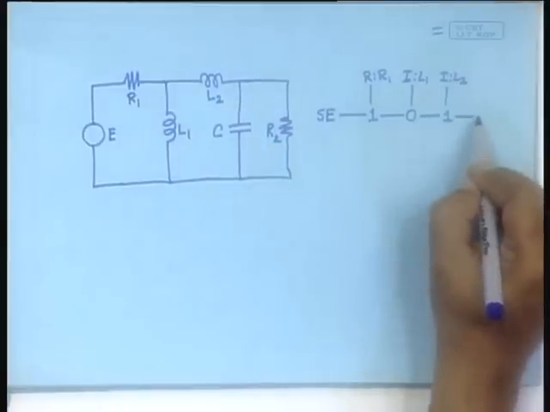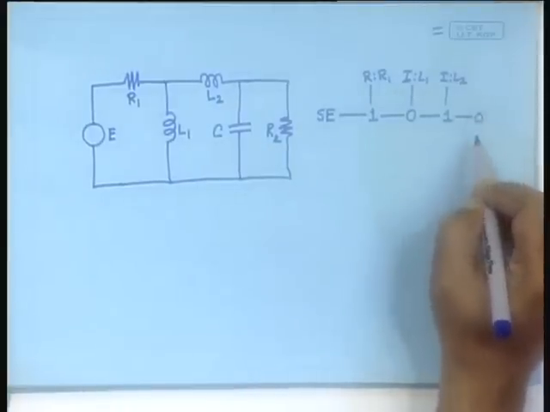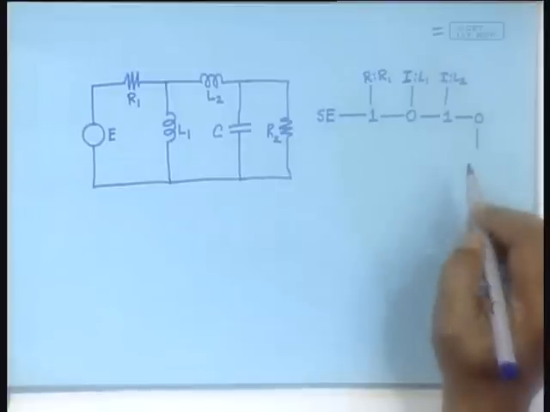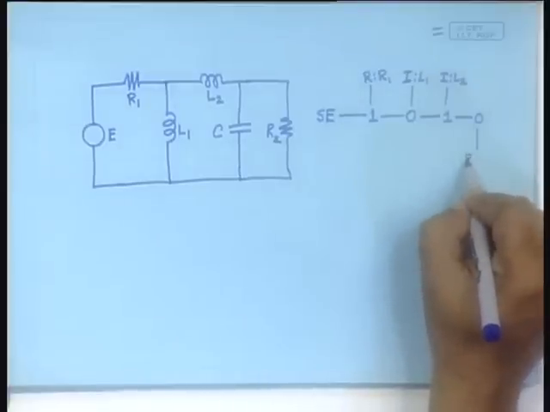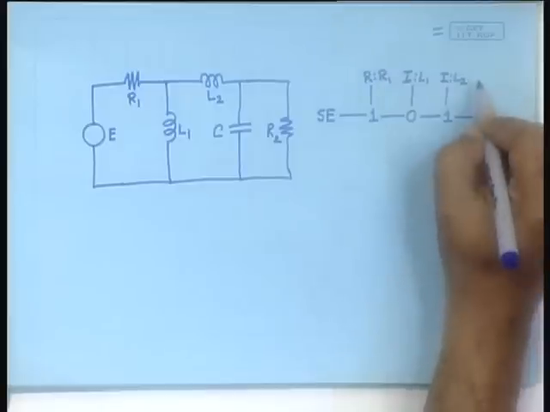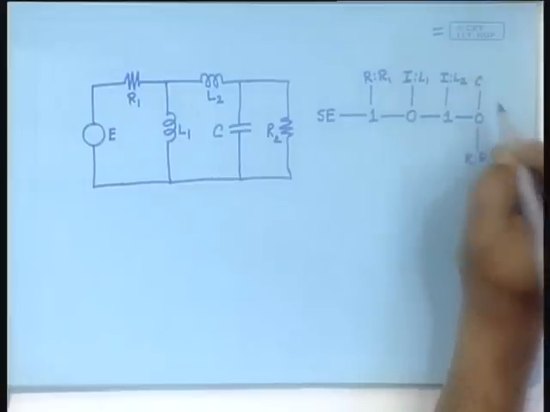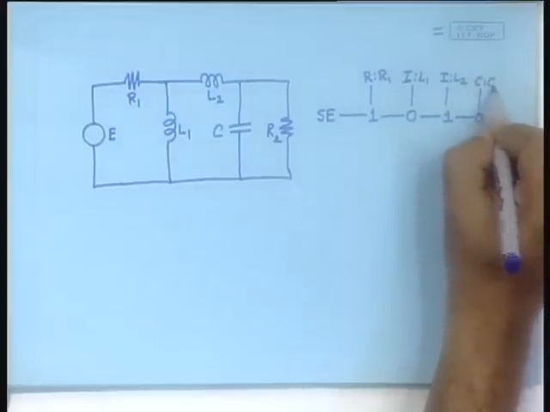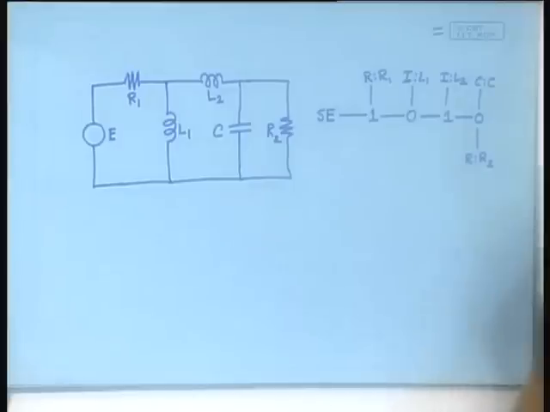So, it will be a 0, there will be two things connected. One, I will connect this side, it is R, which is R2, and here it is C, there is only one C. So, that completes the story.